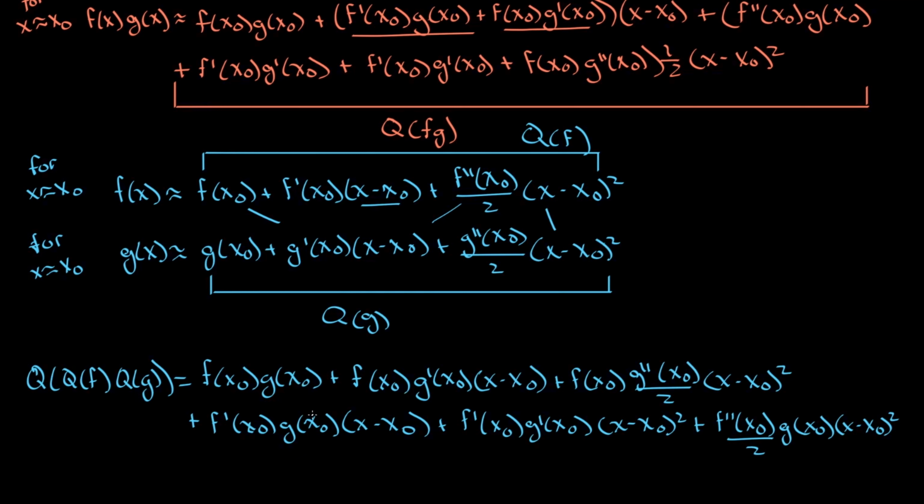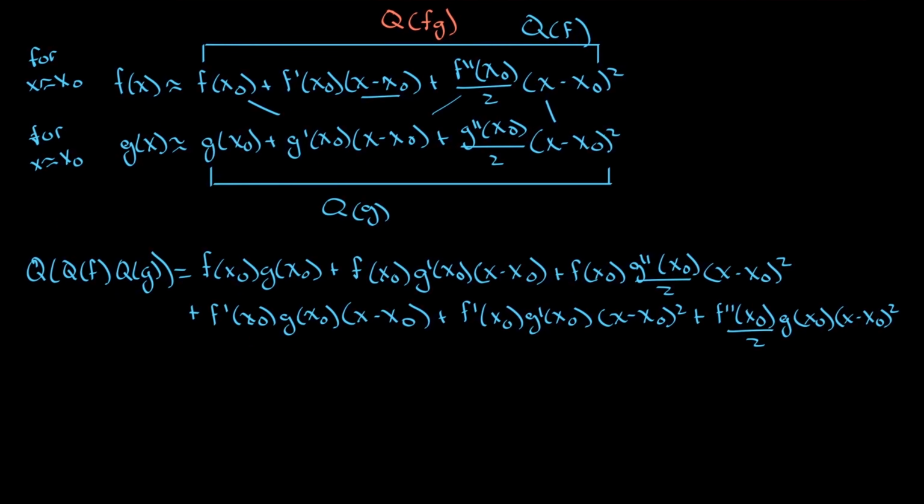And now what I want to do is just simplify this so we can make it look like what we have up here in orange. So that'll be our last step. All right, so home stretch, we have f of x naught times g of x naught plus. And now on these linear terms here, what I want to do is factor out an x minus x naught. So we'll start here.